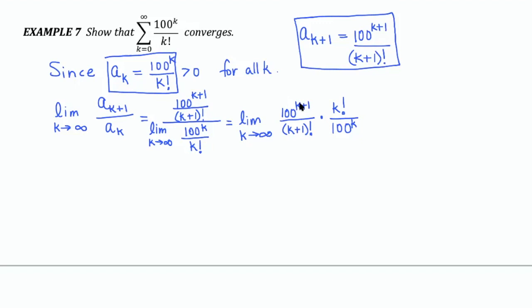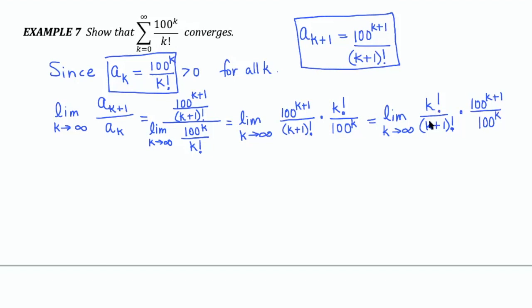What I'd like to do is swap these numerators around. So I'm going to go ahead and do that because multiplication is commutative, so certainly that's a legitimate thing to do. So I'm going to have k factorial over k plus 1 factorial. And then times, if I swap, it's 100 to the k plus 1 over 100 to the k power.